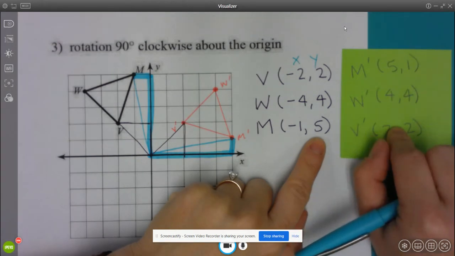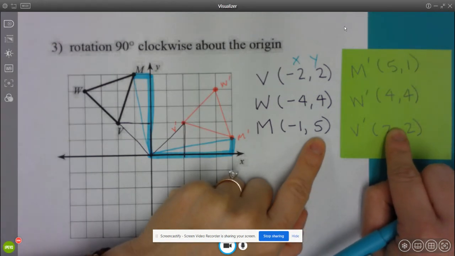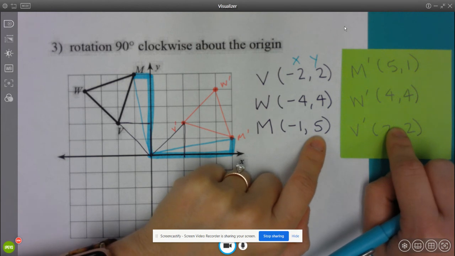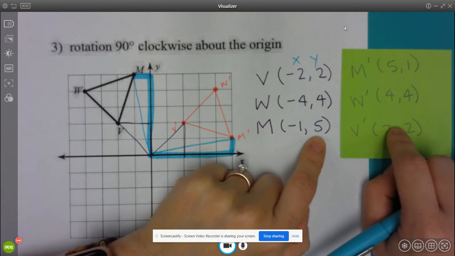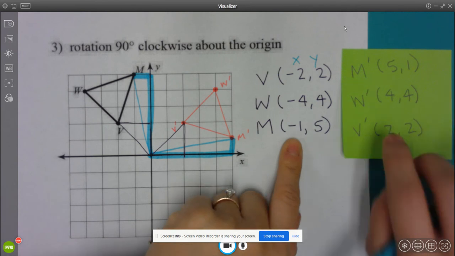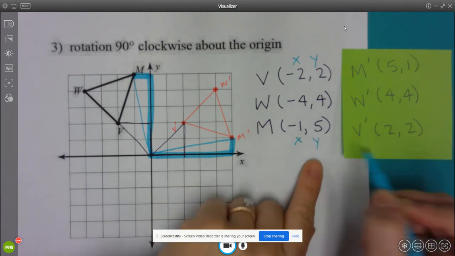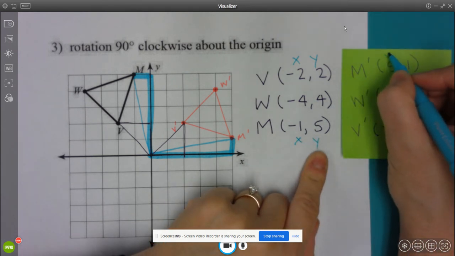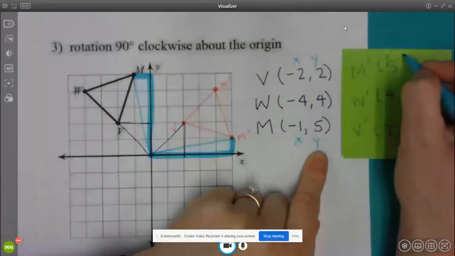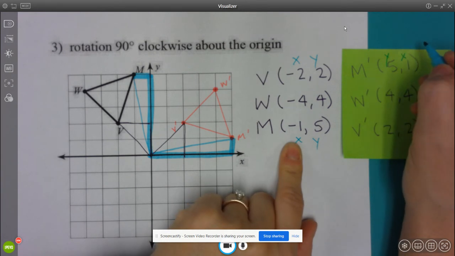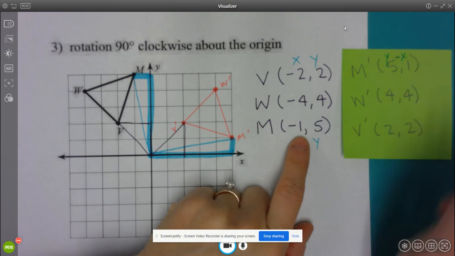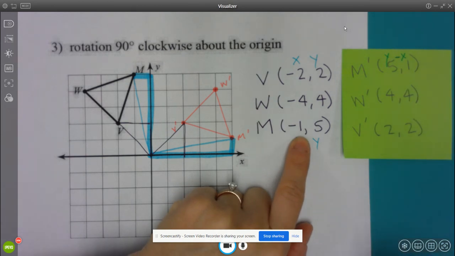It's kind of hard to tell with W and V since they're both 2s or 4s. So that's why we're going to look at M. So here's X and here's Y. So Y became my X value, X became my Y value, and then this is the opposite value itself.